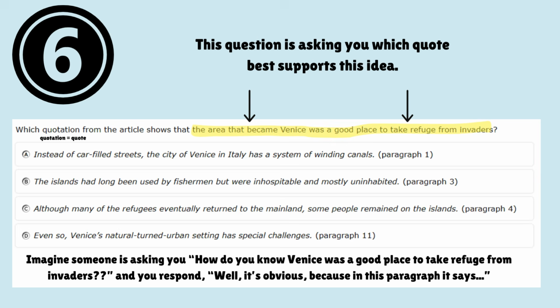Which of these 4 quotes would you point out to that person to prove your answer is correct? Pause the video, look at these 4 quotes, and fill in that blank. It's obvious because in the paragraph it says.